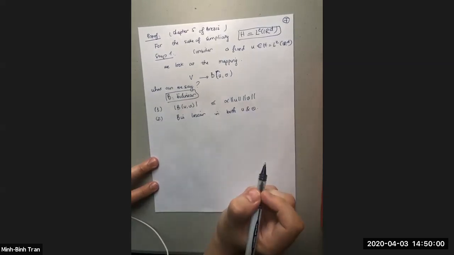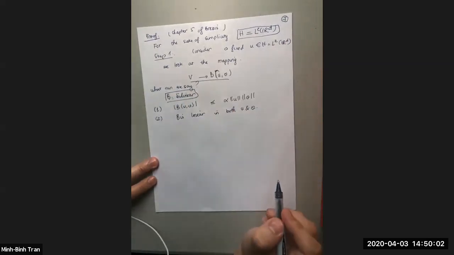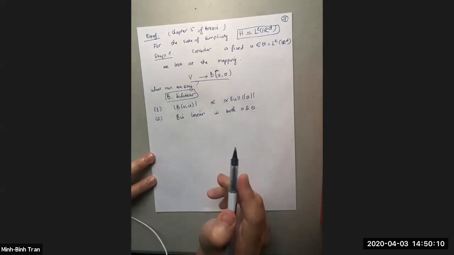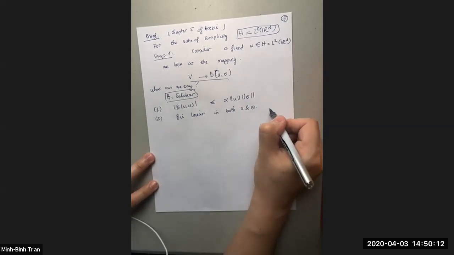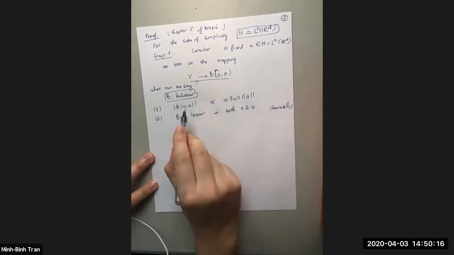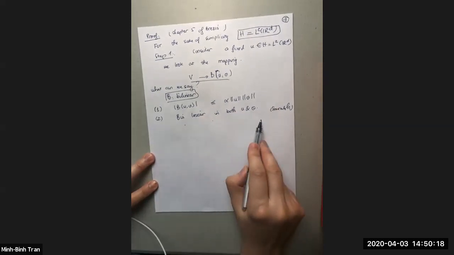Now if I fix u, what is it? Abdullah's correct, right? So Sourab said that B is linear in both u and v.